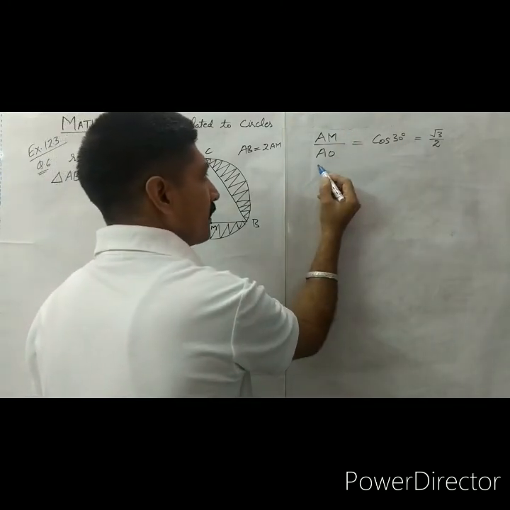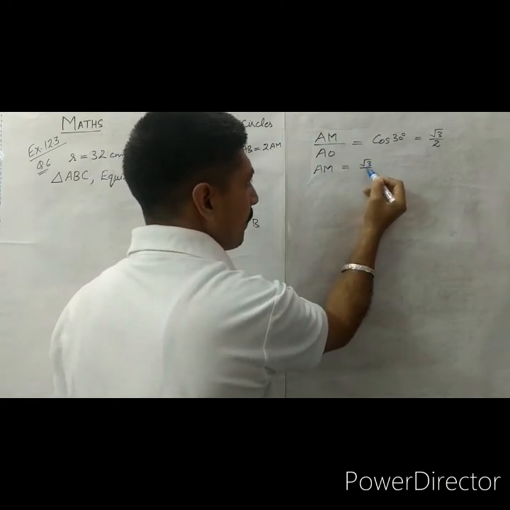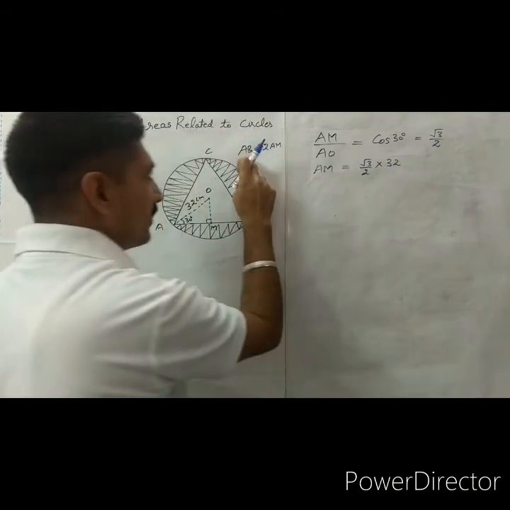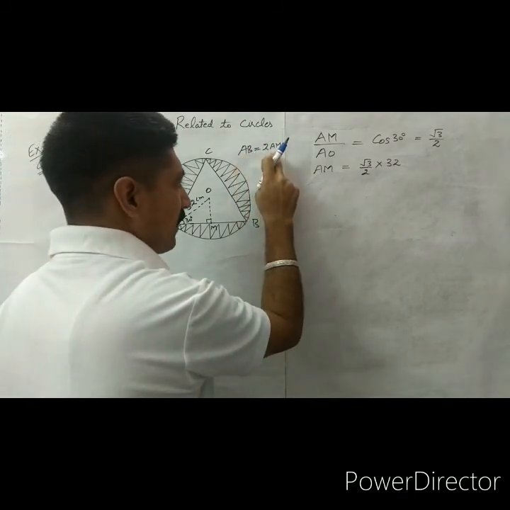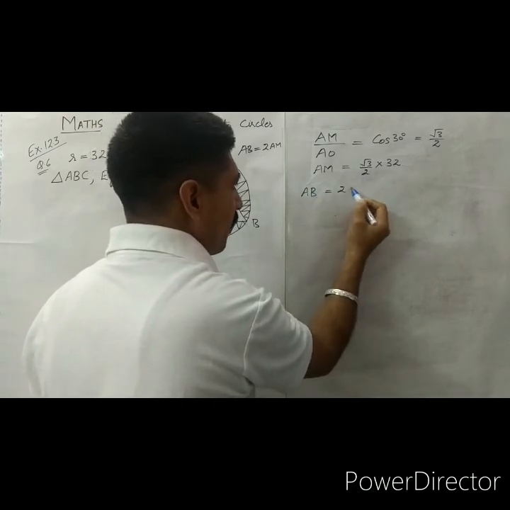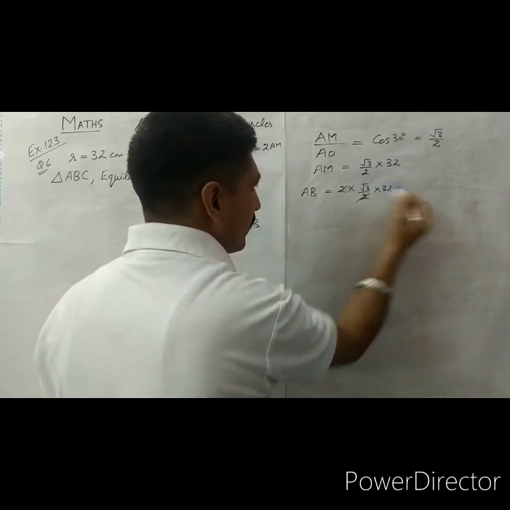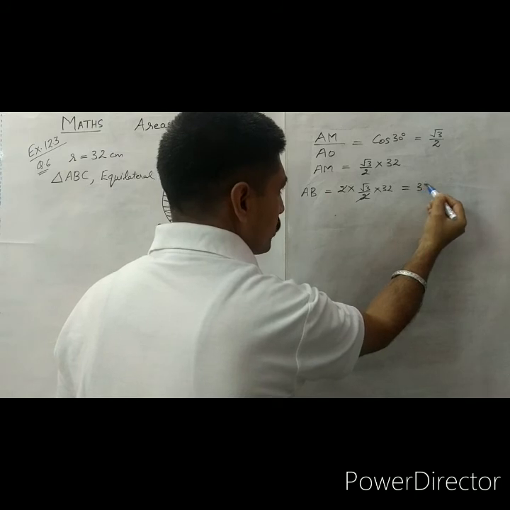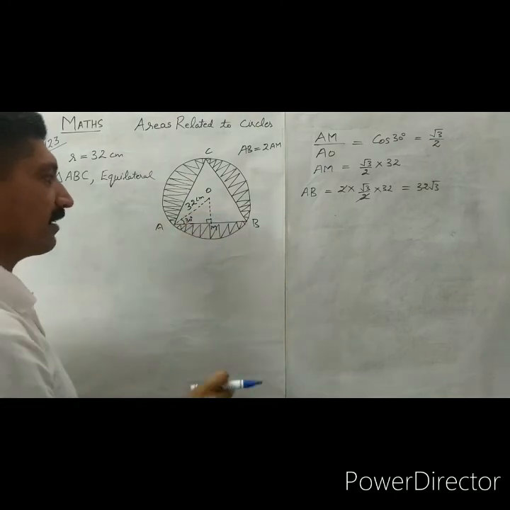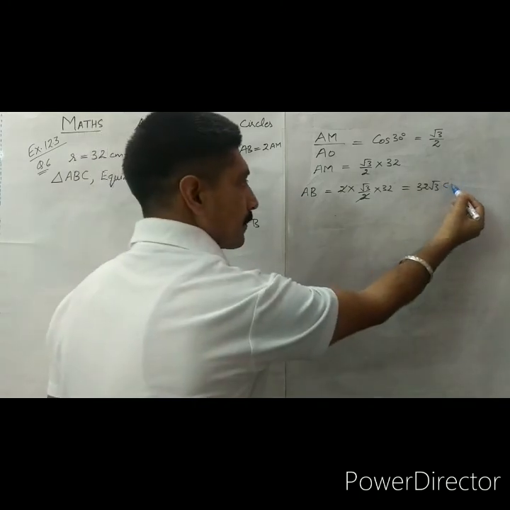So we will find AM is equal to under root 3 by 2 into 32. Now we are not interested with AM, we are interested with AB. So AB is twice of AM. So here AB is equal to twice of AM, that is under root 3 upon 2 into 32. So here we have 32 under root 3 here. So value of AB, the side of equilateral triangle sides are 32 under root 3 centimeter here.